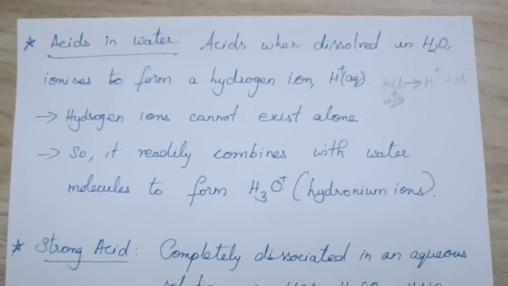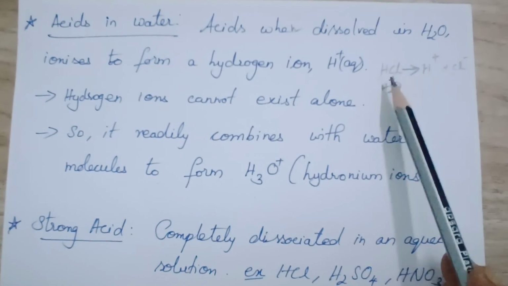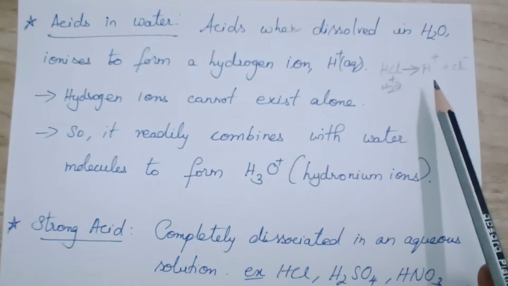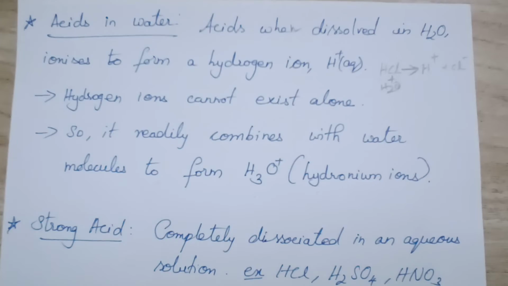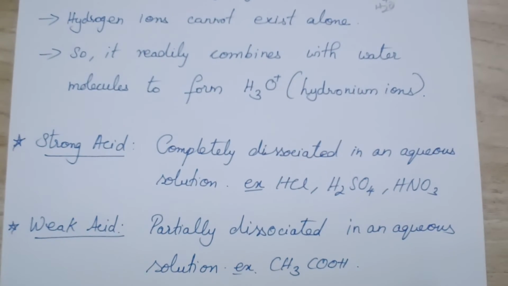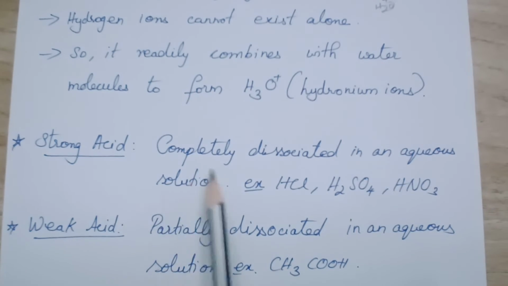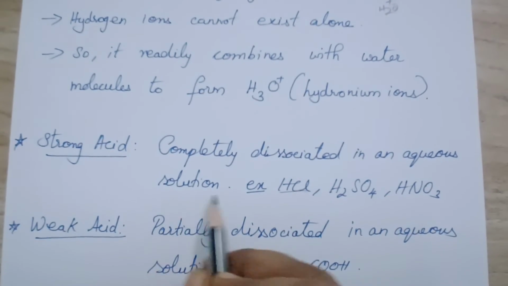On the basis of dissociation, this HCl molecule is dissociated into H+ and Cl-, right? So based on the dissociation property, we can classify acids as strong acids and weak acids. When an acid is completely dissociated in an aqueous solution, that is called a strong acid. For example, HCl.